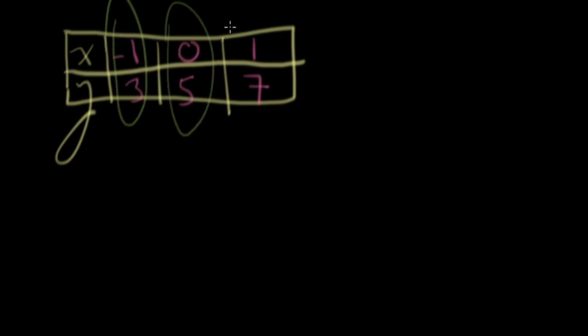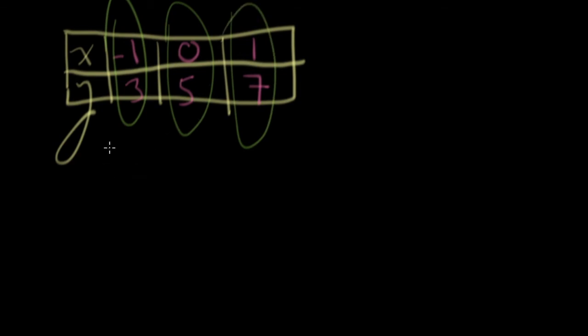So if I said, like, this is negative 1 and this is 3, and let's say the table went up like this, and there we go. So our ordered pairs are like this.